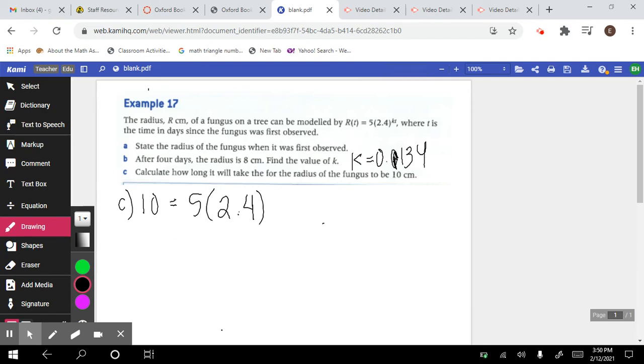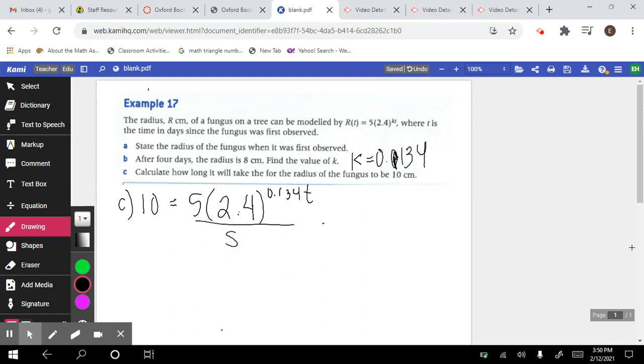Okay, and that's going to go in for k. So 0.134, and I'm going to use t because we want to find out how long it will take. Now, normally, if you were to do this in the graphing calculator, you would graph out y equals 10 and y equals 5 times 2.4 to the 0.134t. But this one, we're going to go ahead and solve it using logs again.